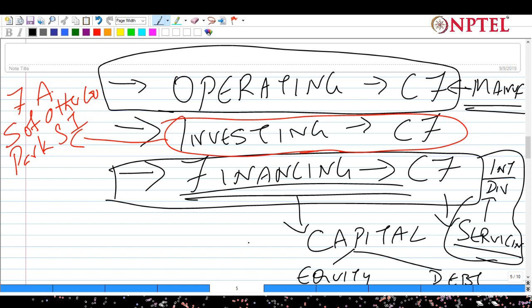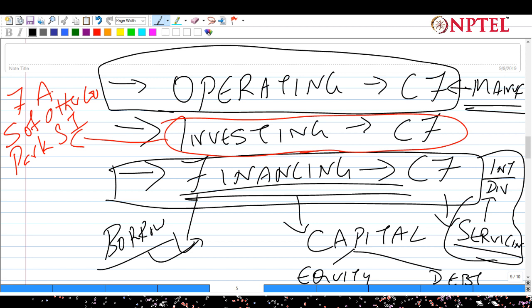I am doing a financing activity. That is, I am borrowing to take care of my financial needs, my capital needs in the business. When I am borrowing to take care of my capital needs in the entity, it is typically a cash flow from a financing activity.